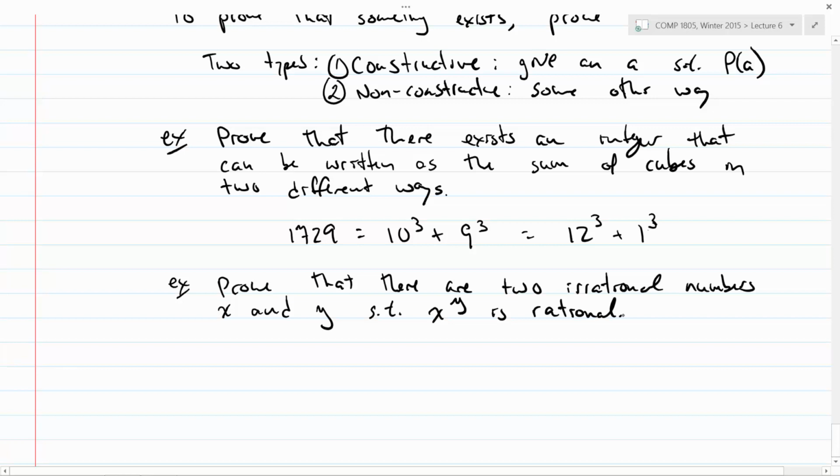So I want to prove that there exist two irrational numbers such that when I compute x to the y, I get a rational number.